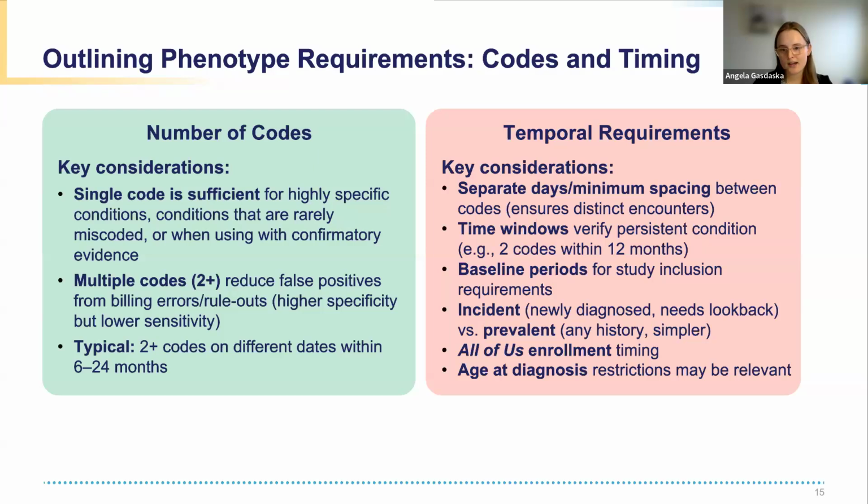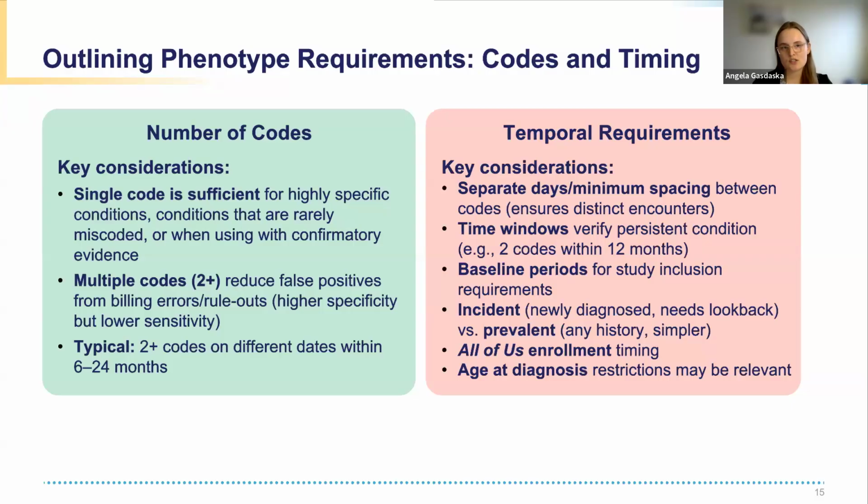Another really big area of consideration is temporal requirements. Some things to think about with this are, first, if you do want to require more than one code, think about if you should require them to be on separate days or a minimum number of days apart. We typically recommend at a minimum requiring codes on different days.